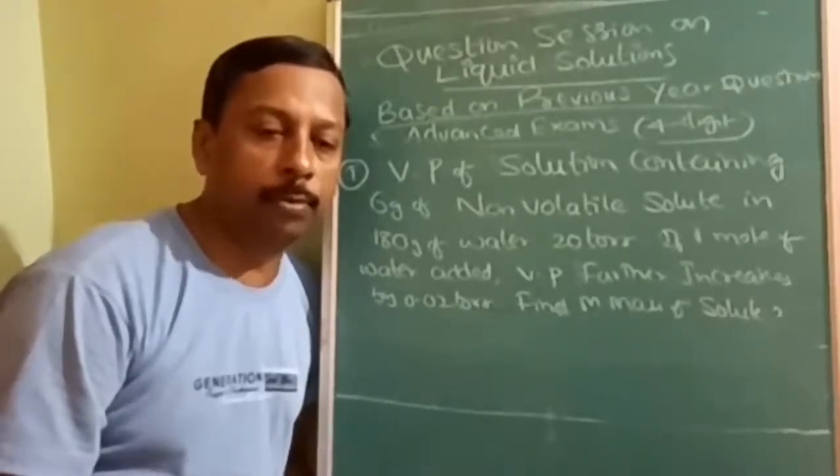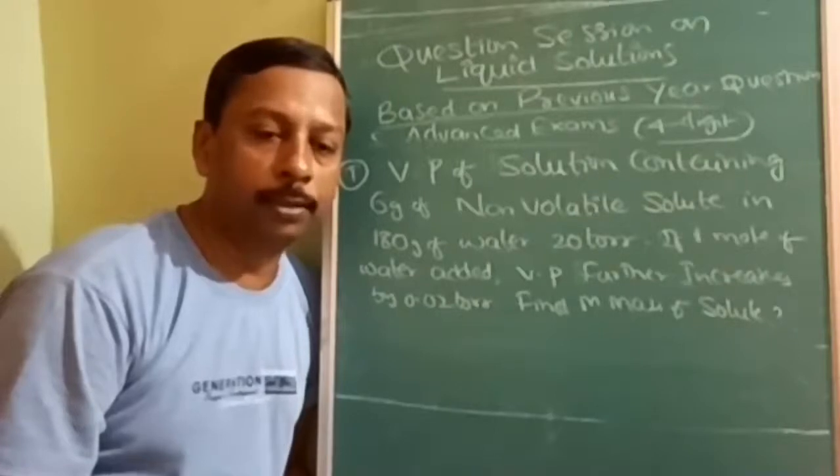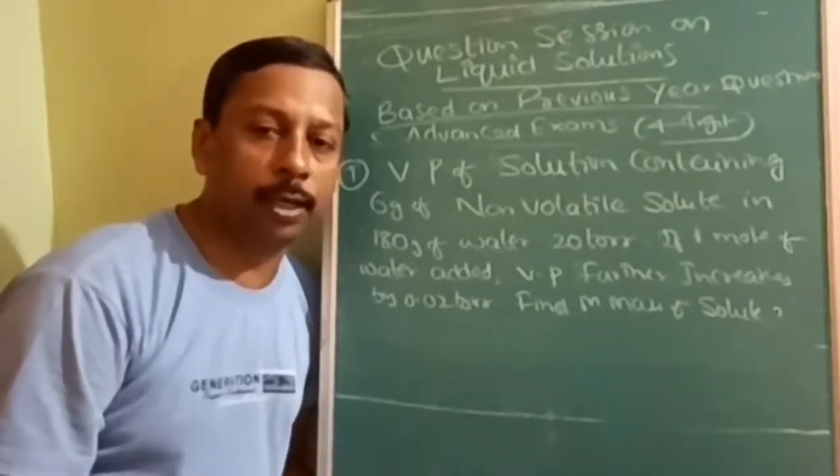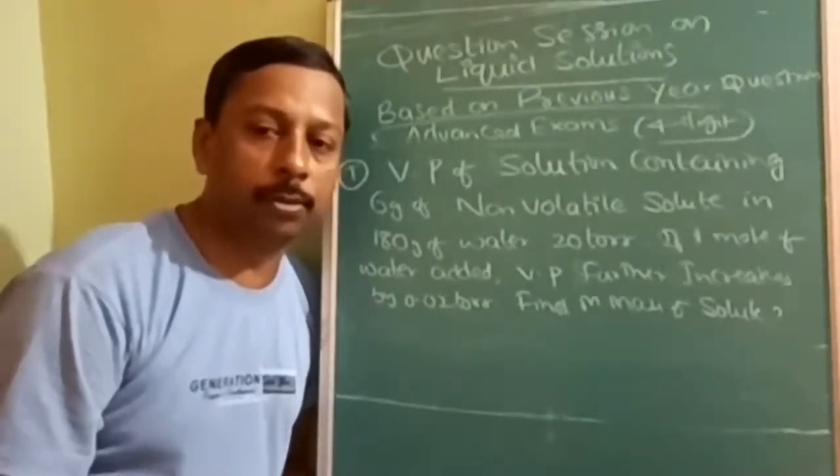But if one more mole of water is added, not solute, solvent is added. When solvent is added, vapor pressure will increase, and when solute is added, vapor pressure will decrease. So here solvent is added, you have to take care. That is the twist in the question. So understand the twist and you can solve it now.